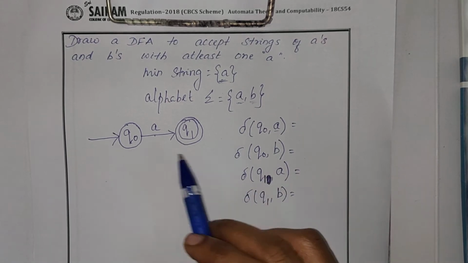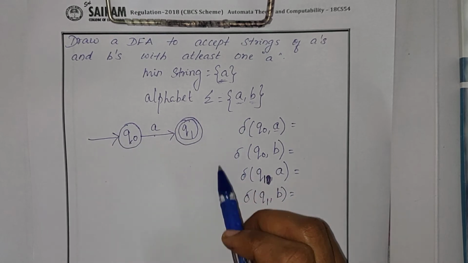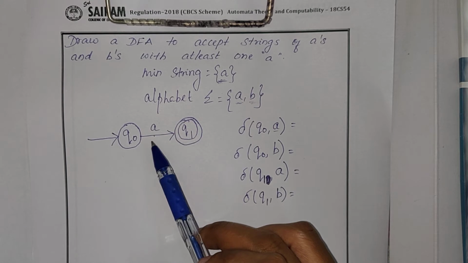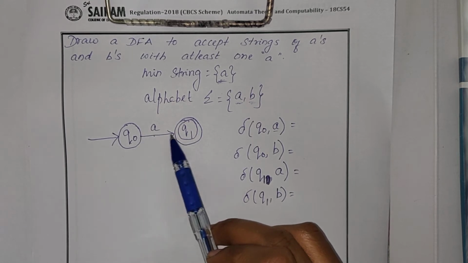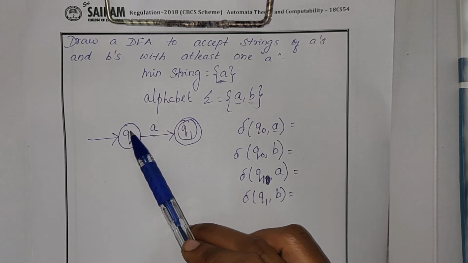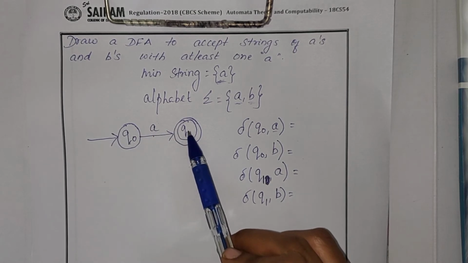Now in this diagram, I already have one transition. Q0 is taking A input and it is moving to Q1.